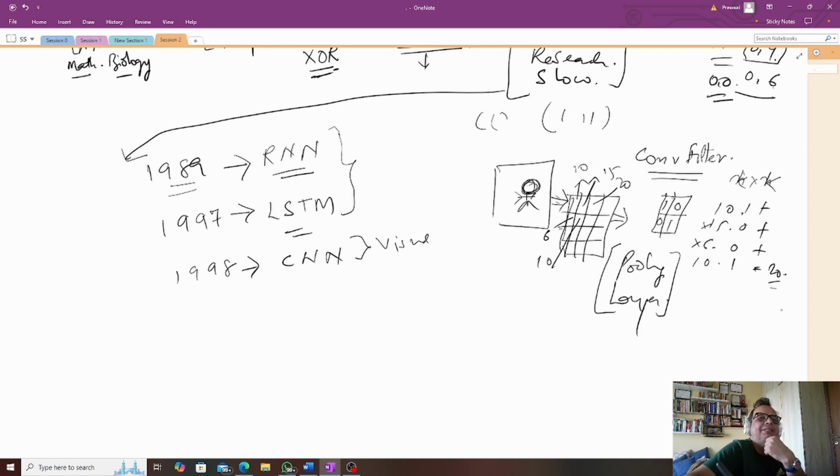So if we want to pool in a 2 by 2 kind of matrix, then we take the values and try to take their average or any other statistical method, and we'll replace these values by that average. Okay, so convolutional neural network at the end of the day is for processing images or any visual form of information, and it's a mix of convolutional layers and pooling layers.